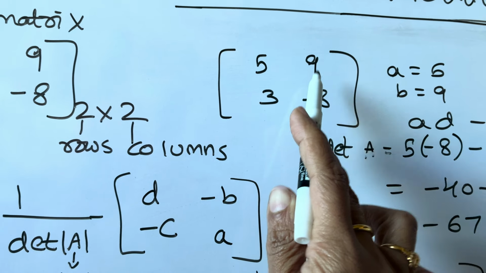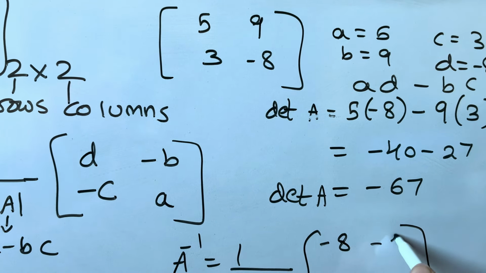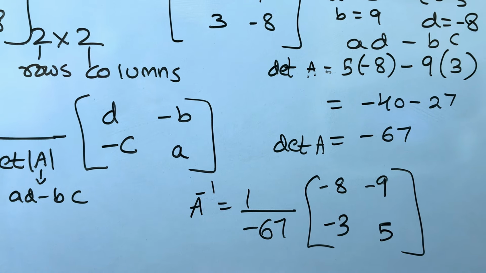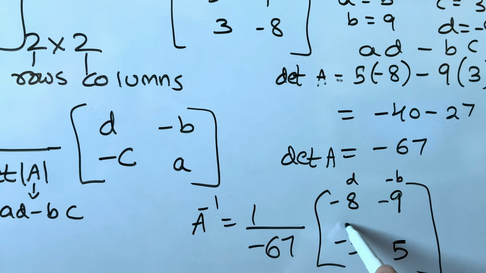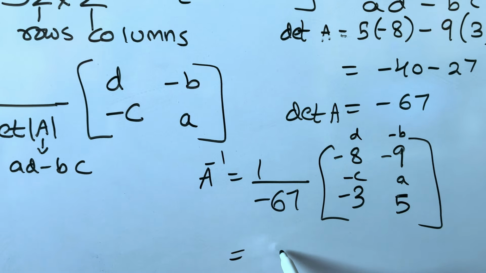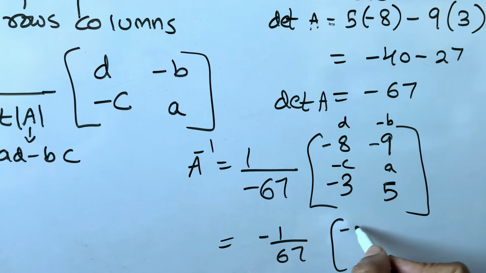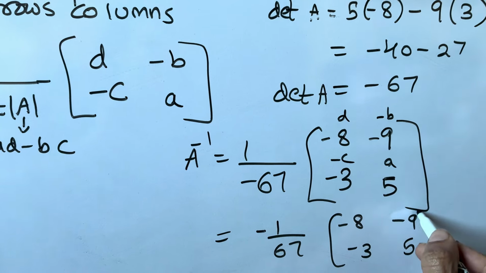So my B is 9 and my C is 3, so I'm applying the negative sign: minus 9 and minus 3. So this is how you write the values D and minus B, minus C and A. So here I'll be left with minus 1 by 67 and minus 8, minus 9, minus 3 and 5.